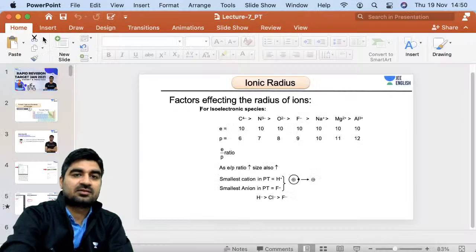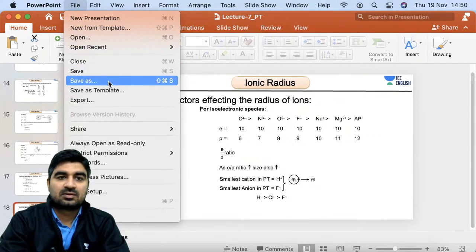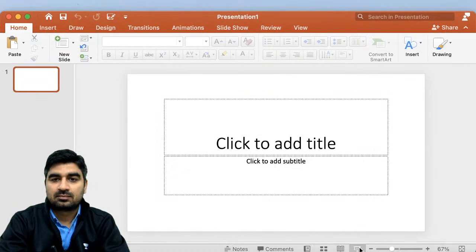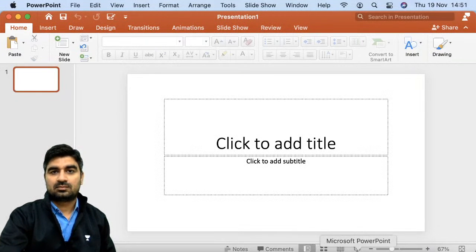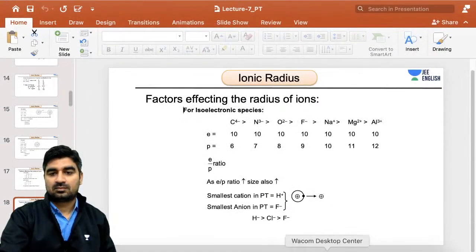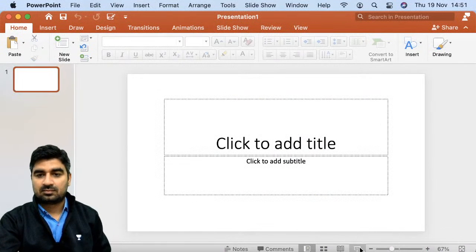Smallest cation and smallest anion. Is there anyone who can tell me that?